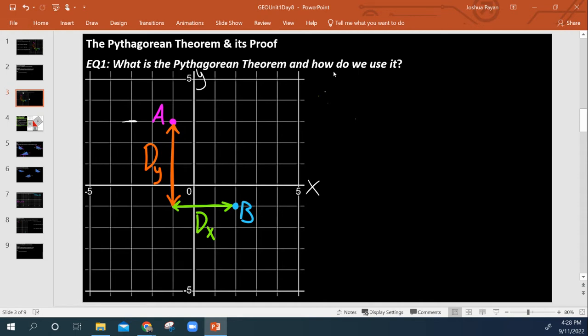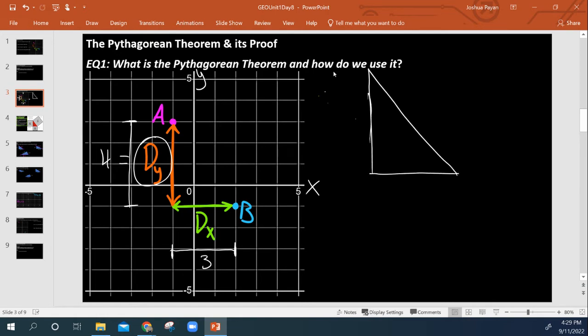So point A from here to here, forming this dy, the distance in dimension y, well, that distance is simply 4, right? And same idea here with dx, or our distance in dimension x. We see that we have a distance of 3, right? If we look at this the right way, this is a really simple problem.